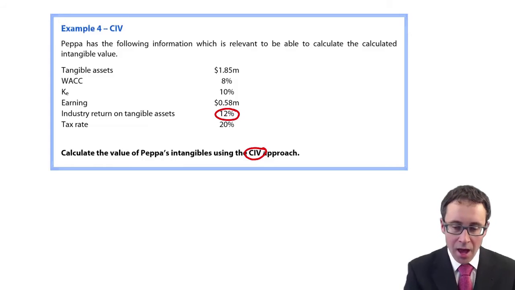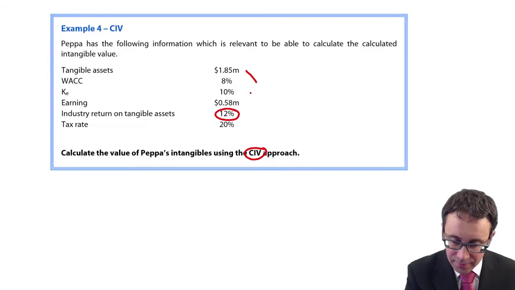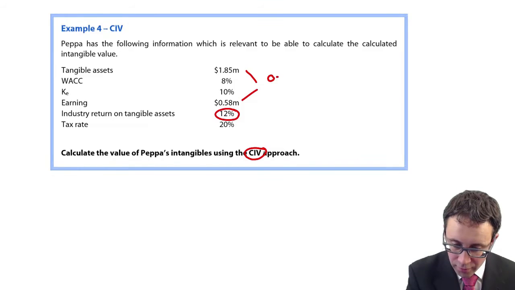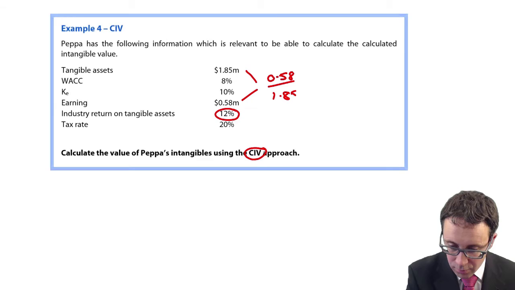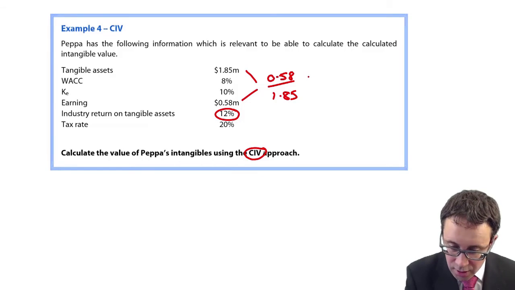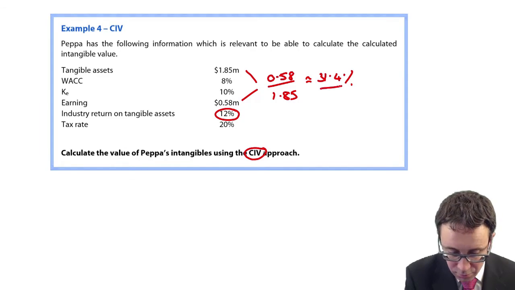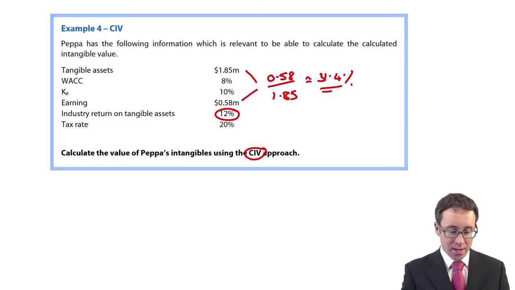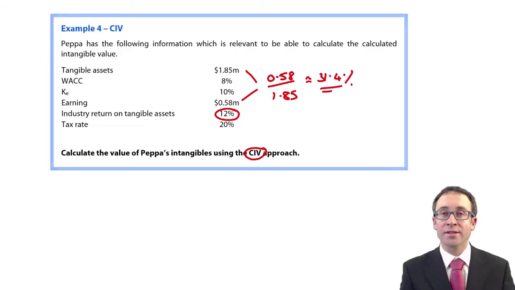We as an entity are returning 0.58 over 1.85, approximately 31.4%.